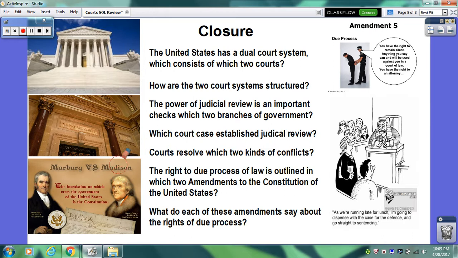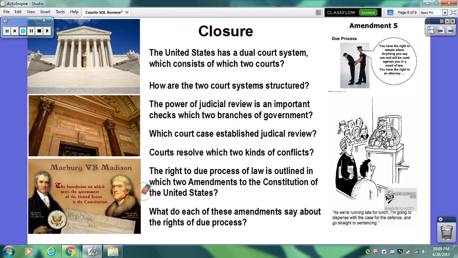Courts are going to resolve two kinds of conflicts, both criminal and civil. And depending on how many different levels people appeal the case to is where the case will go. The right to due process of law is outlined in the 5th and the 14th Amendments to the Constitution.